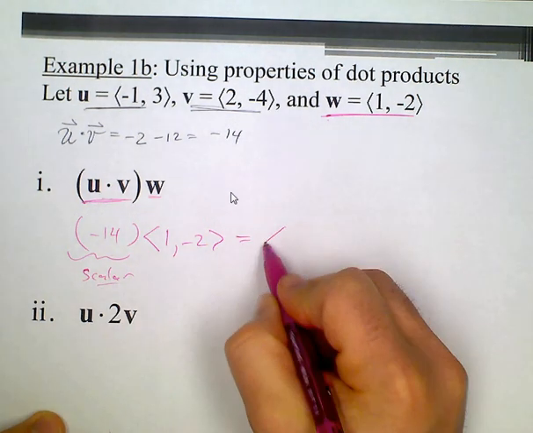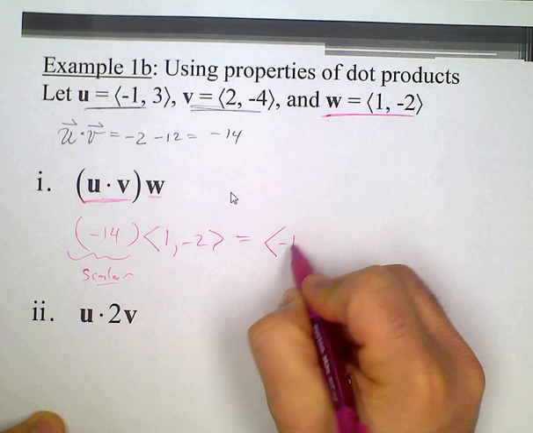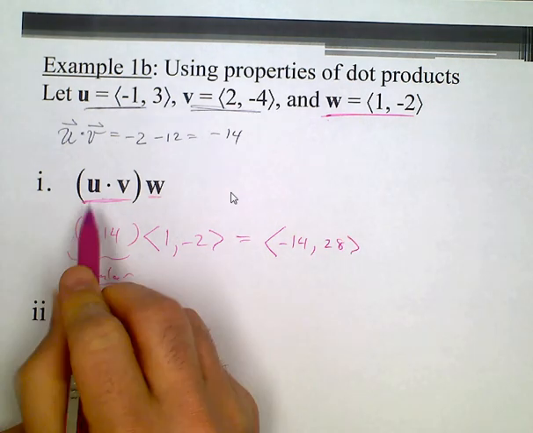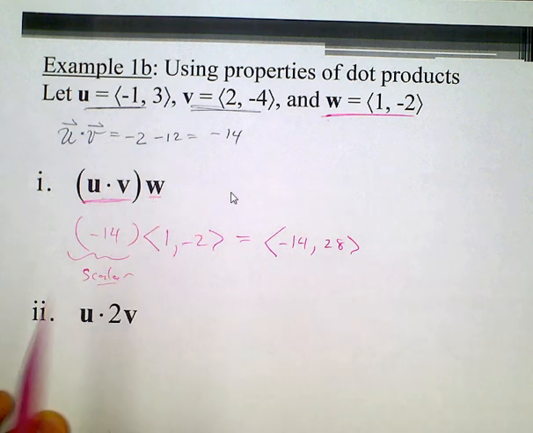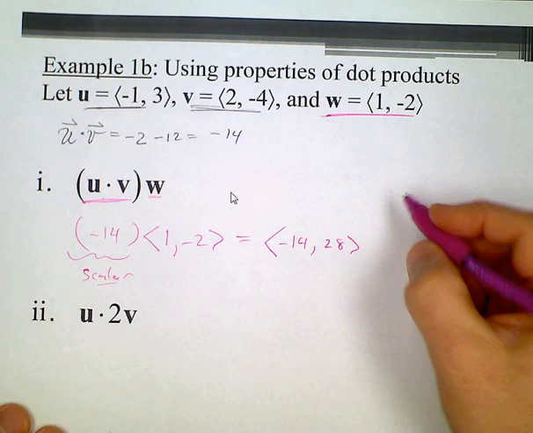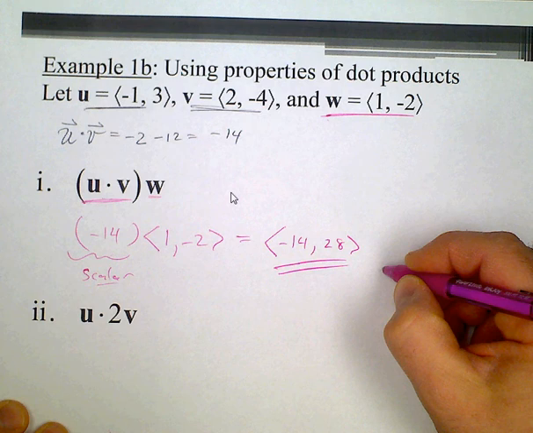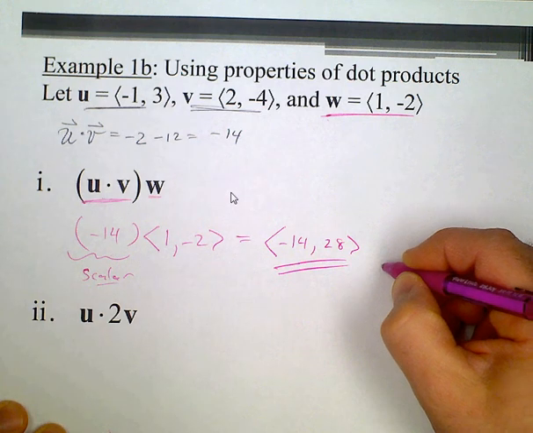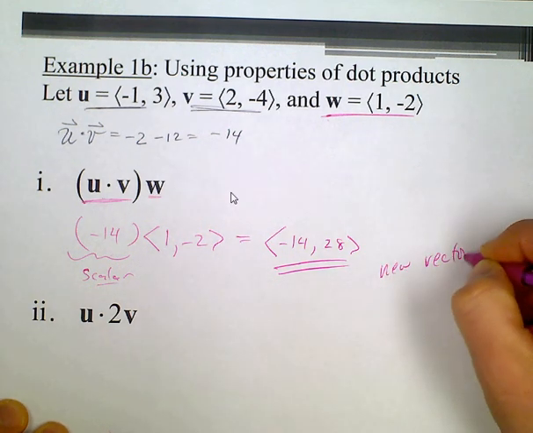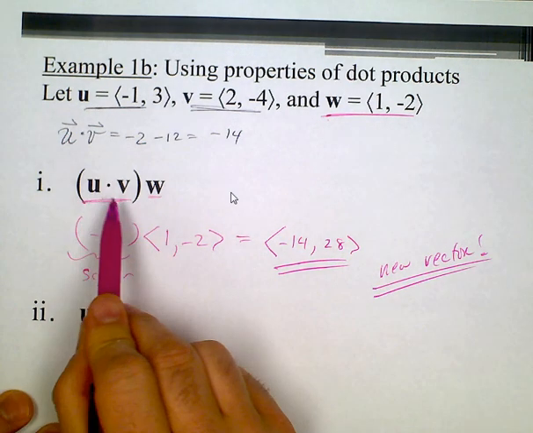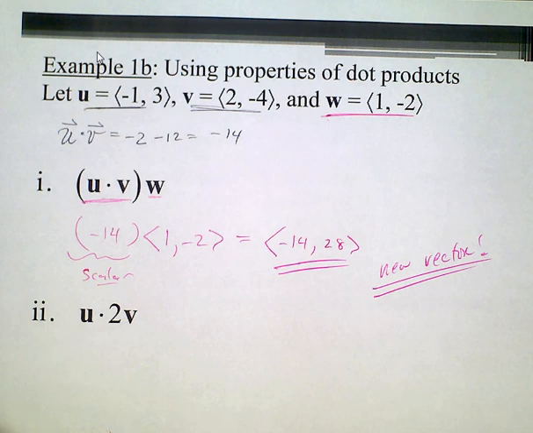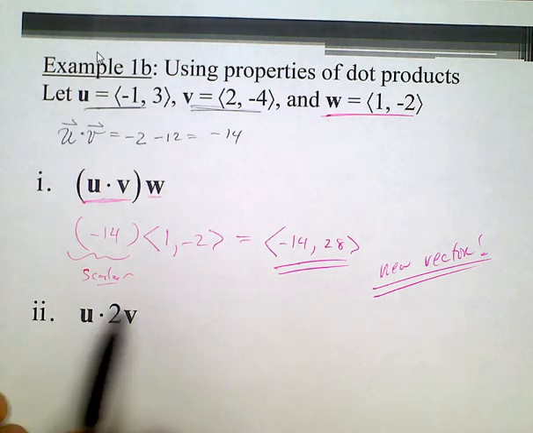So what you'll get is negative 14, positive 28, because you're using this dot product as a new scalar value for an additional vector. That's why you'll notice this example has an answer of a new vector, because the overall problem is a dot product scaled into a vector, whereas in this one, the overall problem is a dot product.